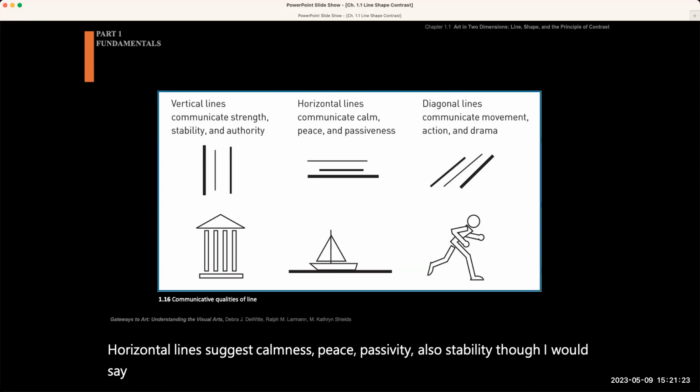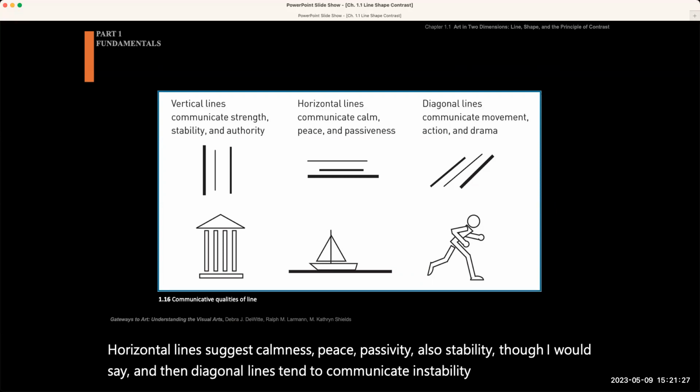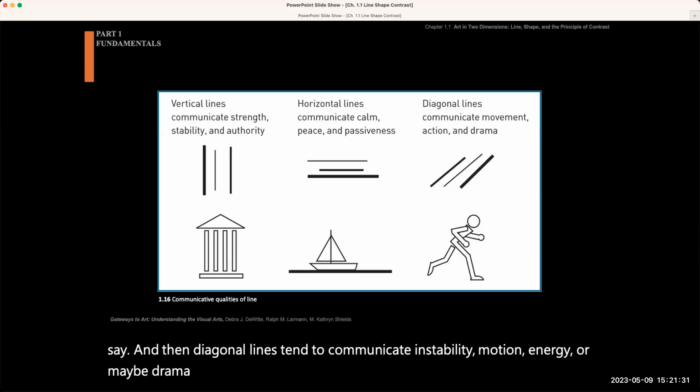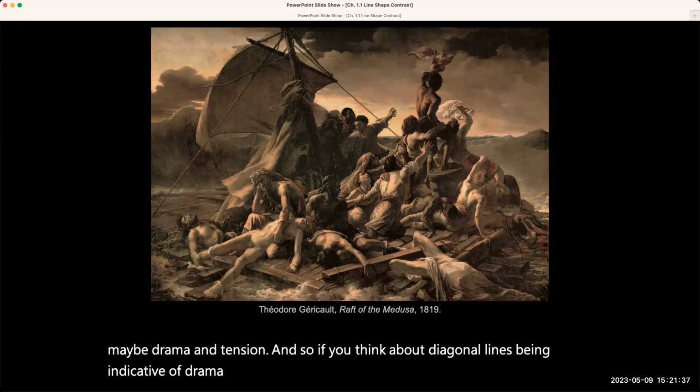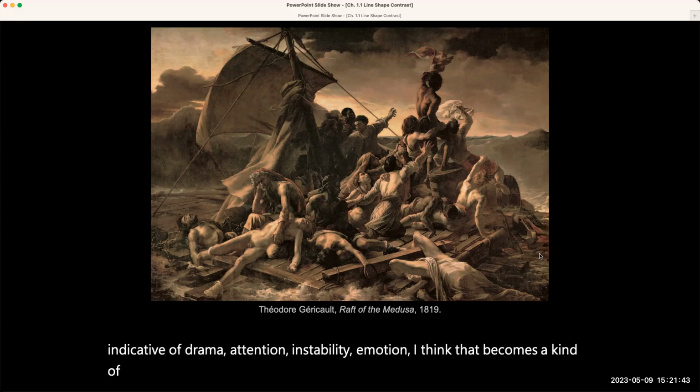And then diagonal lines tend to communicate instability, motion, energy, or maybe drama and tension. And so if you think about diagonal lines being indicative of drama, tension, instability, motion, I think that becomes kind of evident in this work as well.